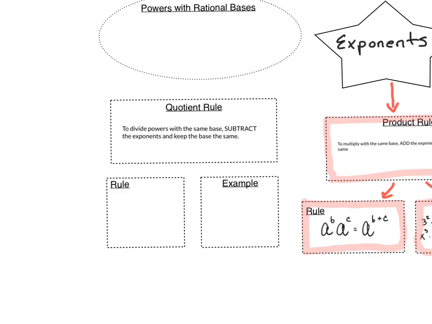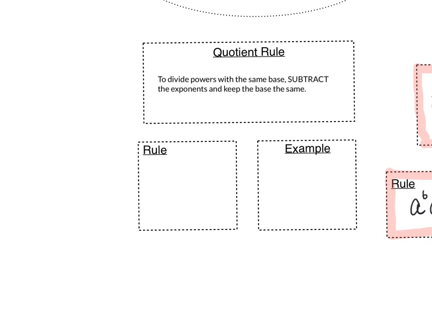So looking at the rule, we would have a to the b over a to the c equal to a to the b minus c, because we're going to subtract their exponents. Or if we had x to the 9th divided by x to the 3rd, that would be x to the 9 minus 3, or x to the 6th, as an example.